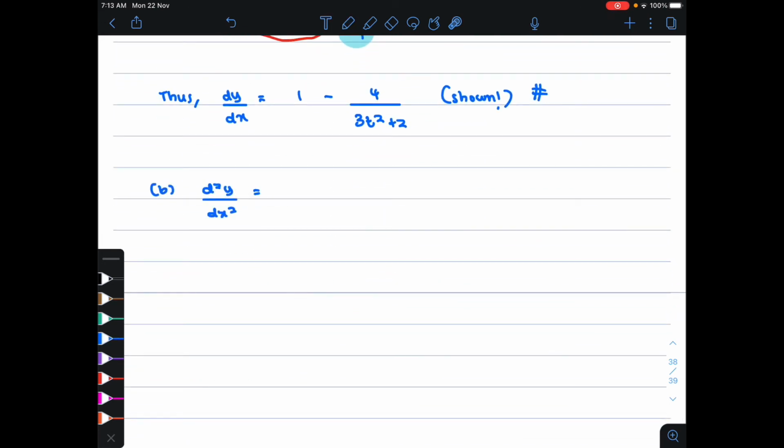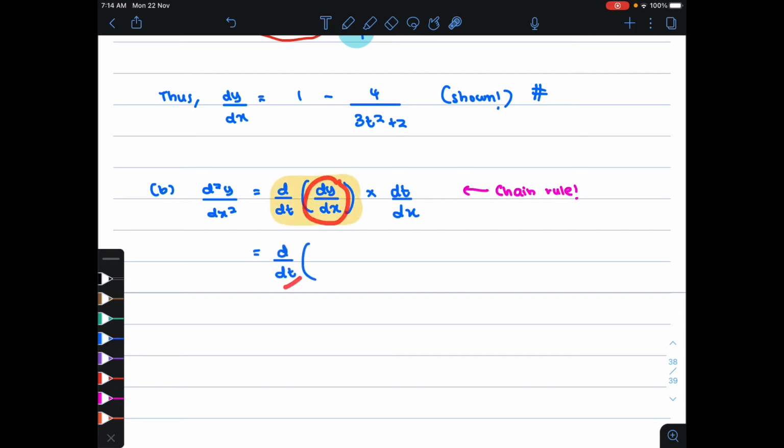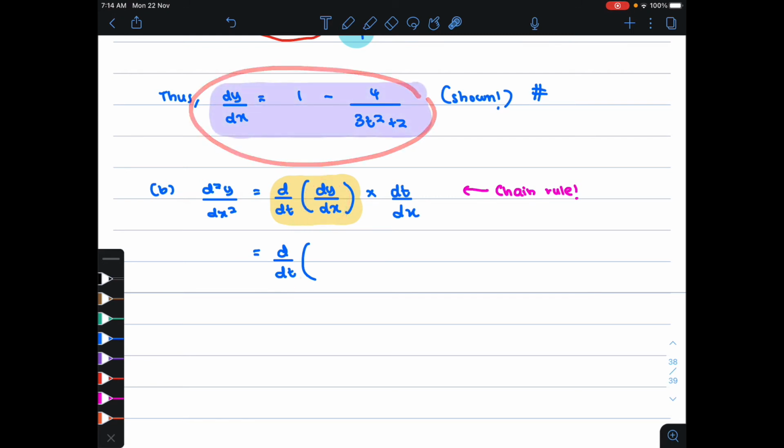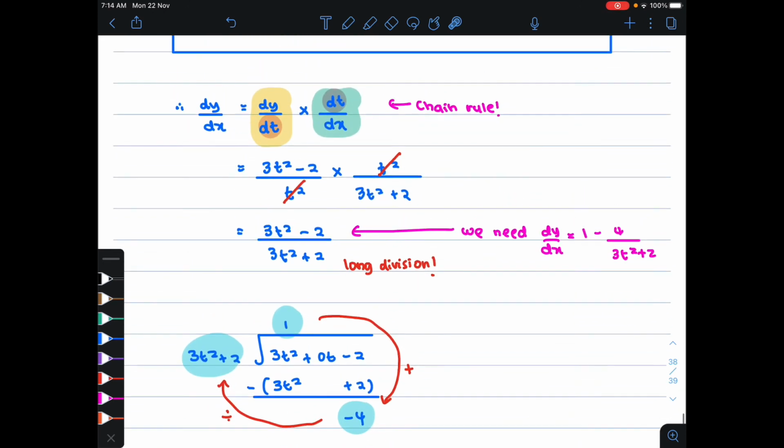So just memorize the formula of d2y/dx squared using chain rule, which is d/dt of dy/dx times dt/dx. So we need to find d/dt of dy/dx. So for dy/dx, you can either use this dy/dx or you can use this dy/dx as well.